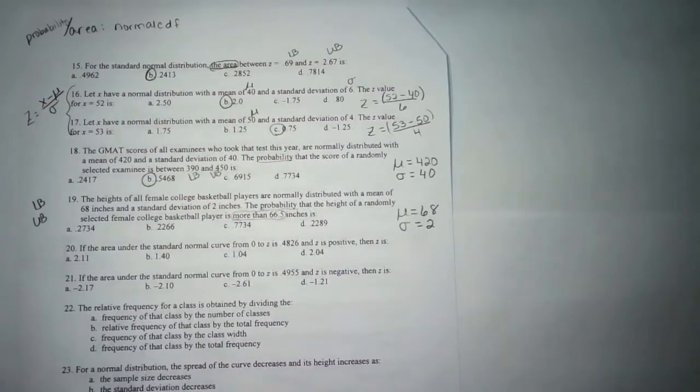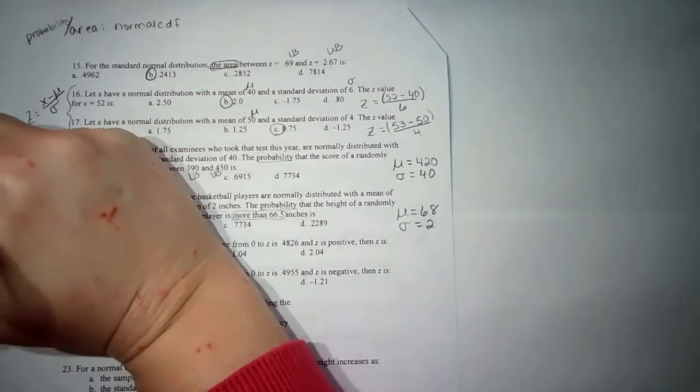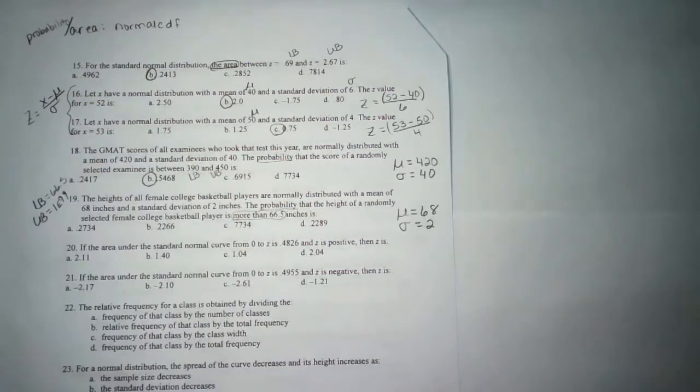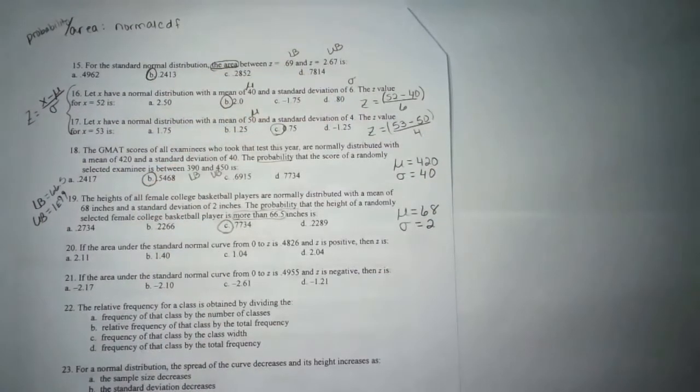So if I want to be more than 66.5, then my lower bound is 66.5 and my upper bound is infinity. Remember, we talked about the fact that we know nobody has a height of infinity. That doesn't make sense logically, but to use these formulas, those are your bounds. So you have to put that in as your upper bound. And then when you do that, you should get 0.7734.